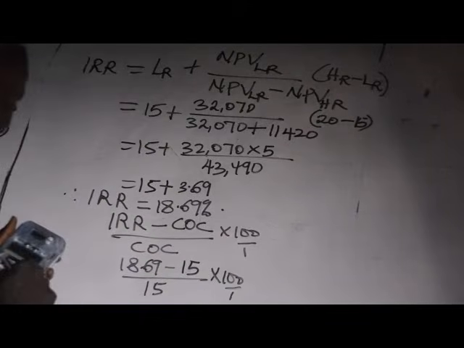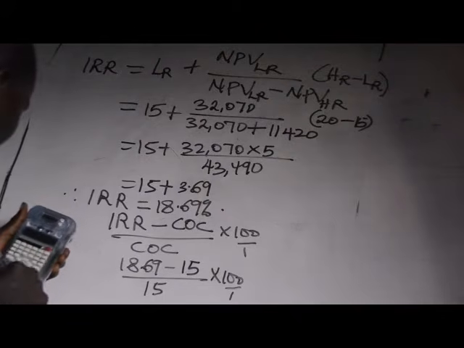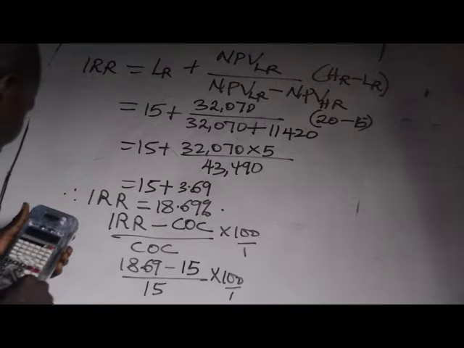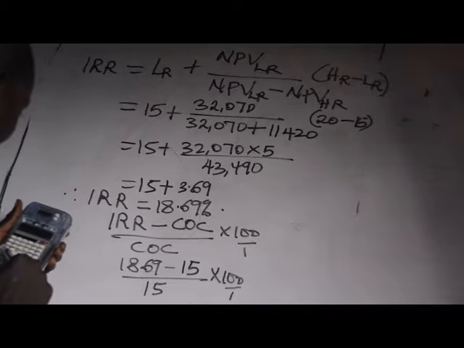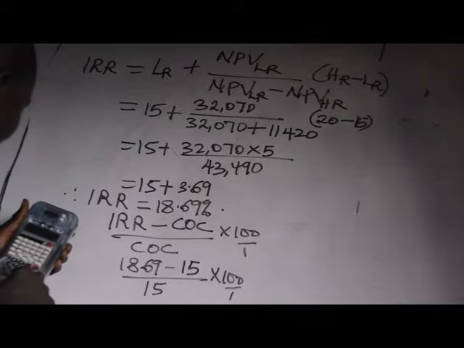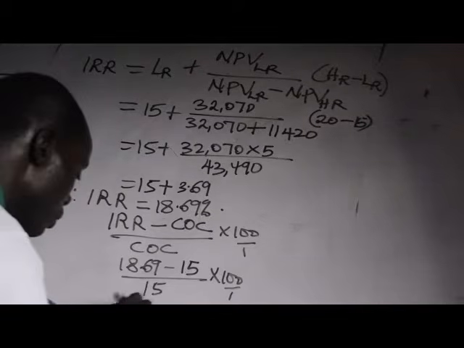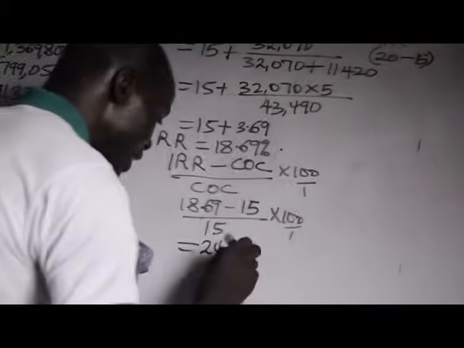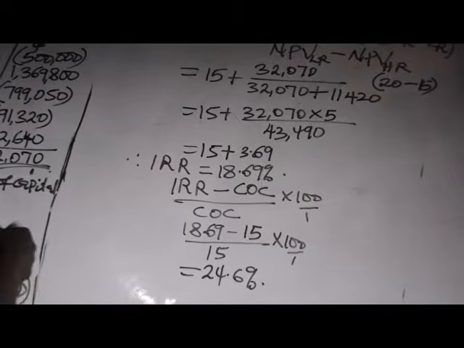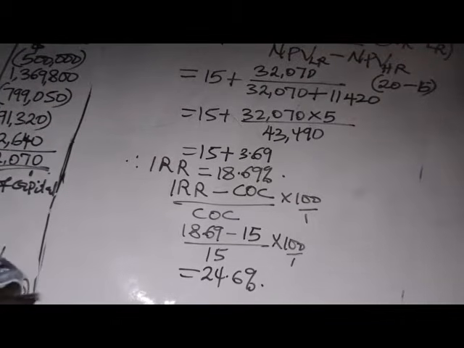So we have 18.69 minus 15, then 3.69 divided by 15 times 100, so we have 24.6%. That is the sensitivity to cost of capital.